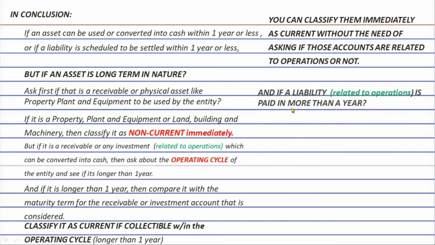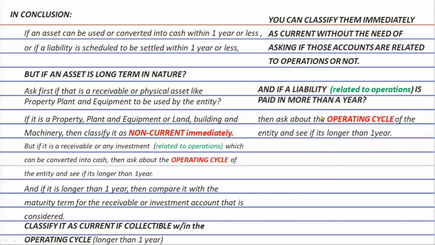Now, if we are talking about long-term liabilities, whose maturity term is more than a year, then ask if it is related to operations or not. If it is related to operations, you need to ask again about the operating cycle of the entity and see if it is longer than 1 year.